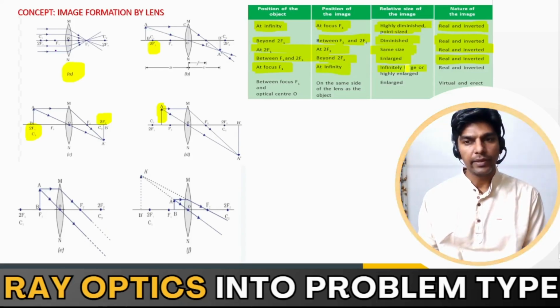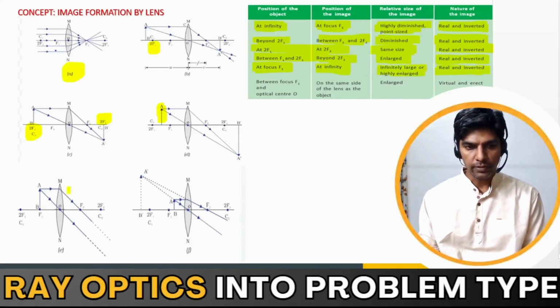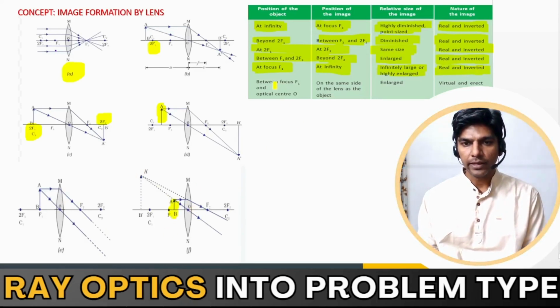It is a highly magnified image, and it will be real and inverted. But if the object is placed between the focus and the optical center of the lens, in that case the image will be virtual and erect, and it will be on the same side as the object, and it will be enlarged, right? So that you have to remember.